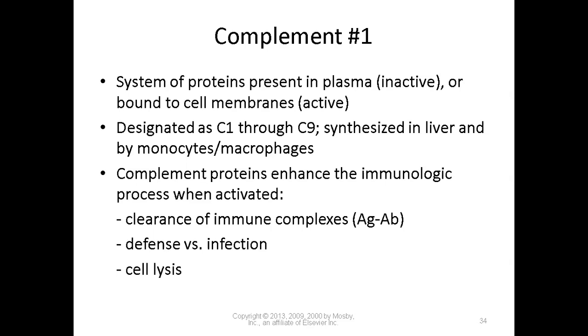This is similar in that one piece feeds into the next piece. They're designated, not with Roman numerals, thankfully, C1 through C9. Similar to many of the proteins for coagulation, they are also synthesized in the liver and also by monocytes and macrophages. Okay, so complement proteins enhance the immunologic process when they're activated.